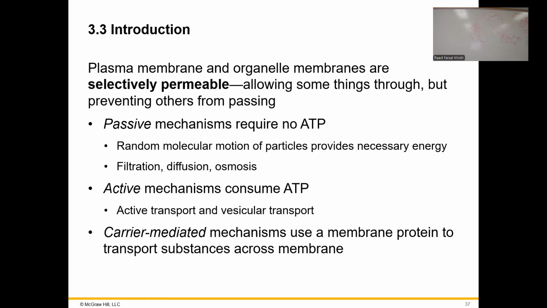The action potential happens when there is an influx of sodium from an area of high concentration to an area of low concentration. This is called depolarization. When sodium comes in, that's depolarization.